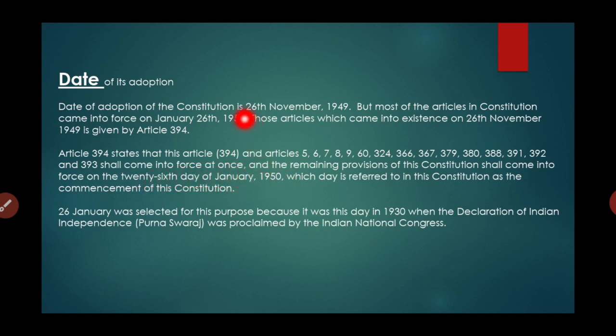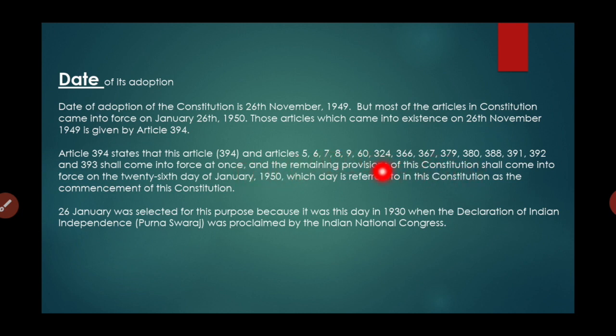It means 26 November 1949 को भी कुछ articles force में आ गए थे. This needs to be understood by you, because if in the options this statement is used, that on 26 November 1949 some articles were in force, you have to take that option.